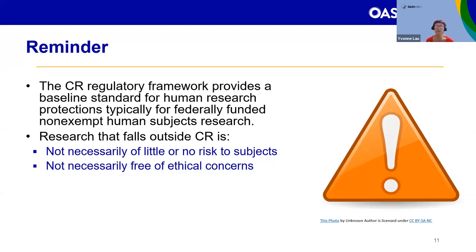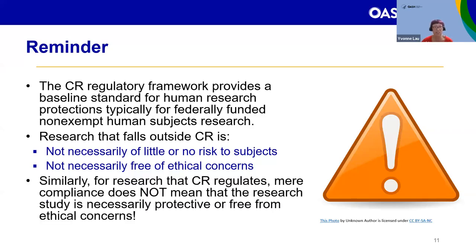The common rule is there to provide a standard framework for things that may be considered potentially more risky to human subjects or for other reasons. But the fact that it's outside of the common rule doesn't mean that researchers can go away saying, oh, well, this is fine, there's no risk to people, or that I don't have to think about any ethical concerns whatsoever. That's not the case.